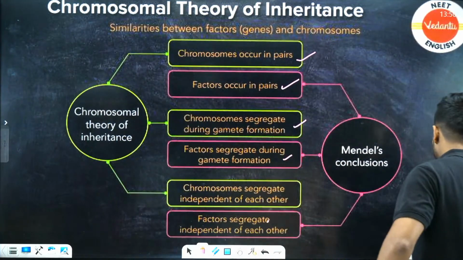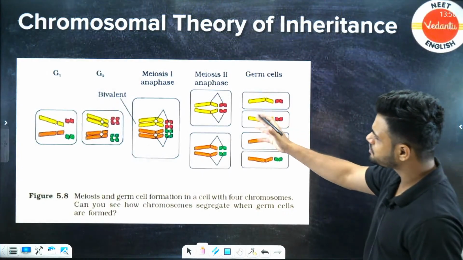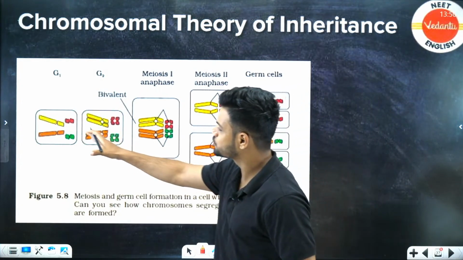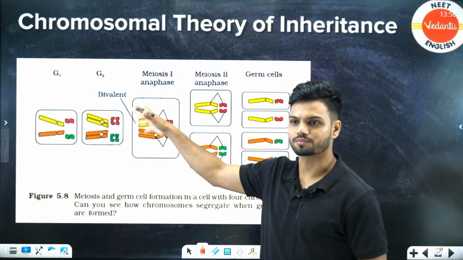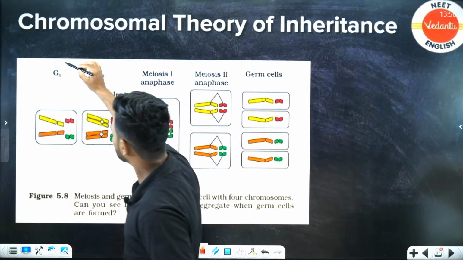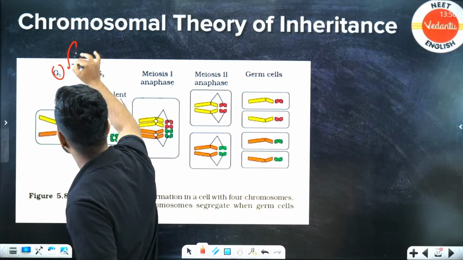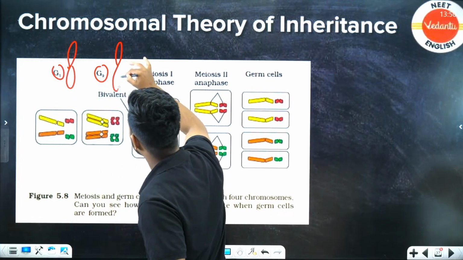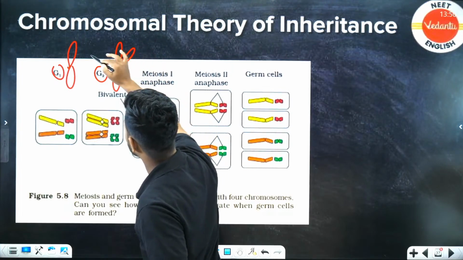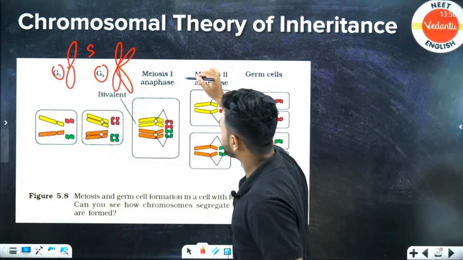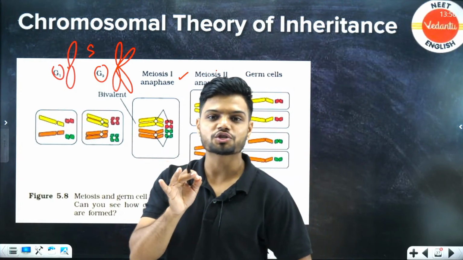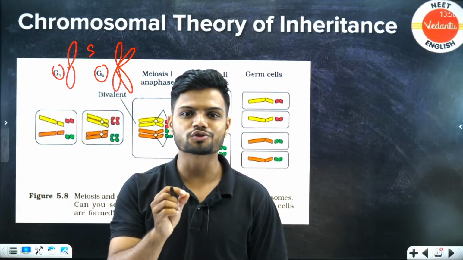Now students, this is a diagram given in NCERT that is showing you the separation of chromosomes. See, here we have chromosome at G1. We have chromosome at G2, because the S phase will come in the middle. Then we have meiosis 1 anaphase. Now tell me what happens in anaphase? Separation of chromosomes or separation of sister chromatids?